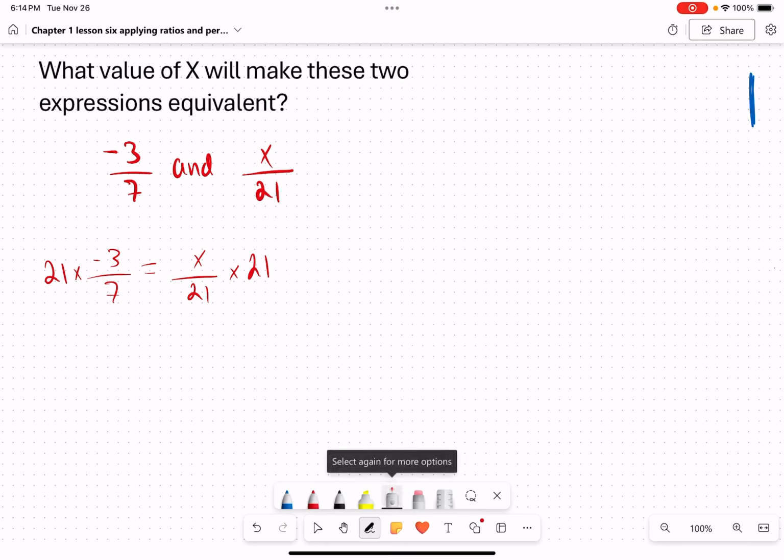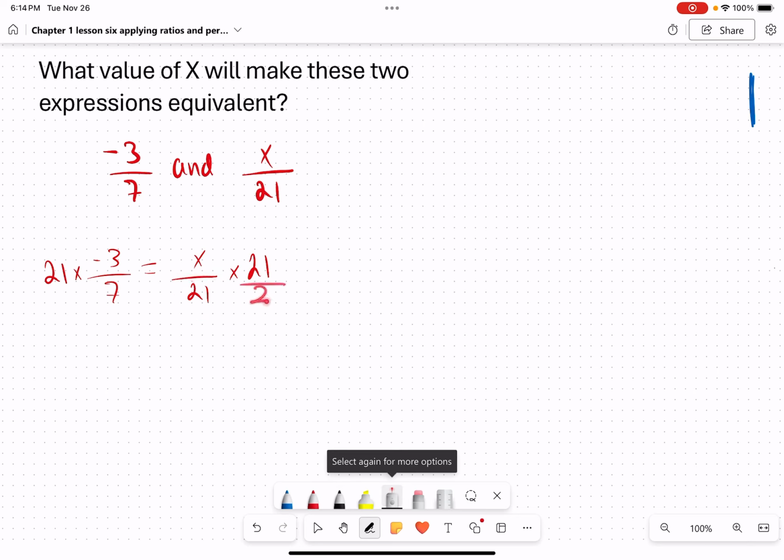Now, what's going on over here, though? A lot of people are like, how do they just cancel out? Well, what we can do is rewrite the 21 on the right as a ratio, so 21 over 1, and then we can see that there's a 21 also in the denominator.